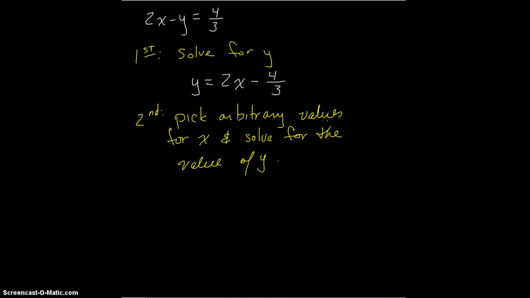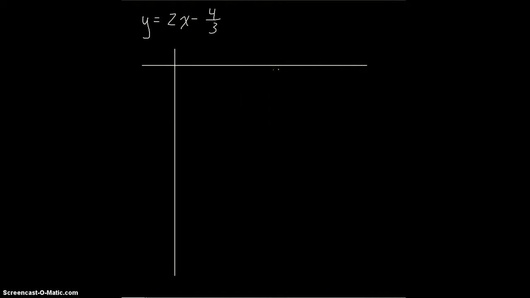Alright, and I'm going to use a table, so let me do that on the next page. I've got my equation, solve for y. Y is equal to 2x minus 4/3. We'll make ourselves a table, and I'm going to do this with some x values.